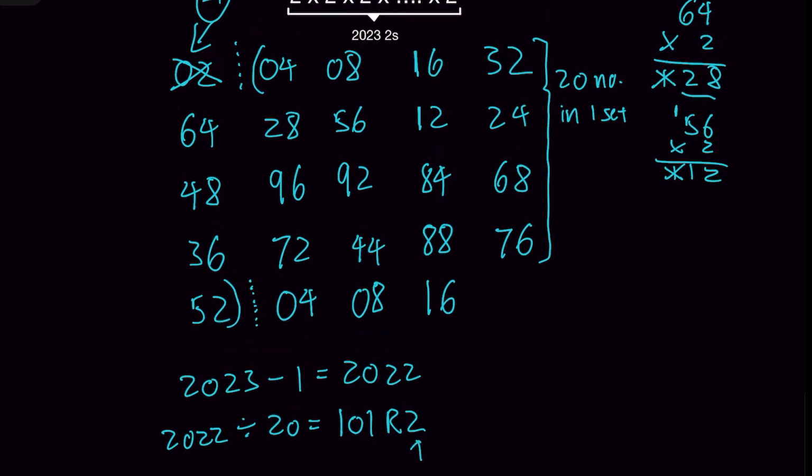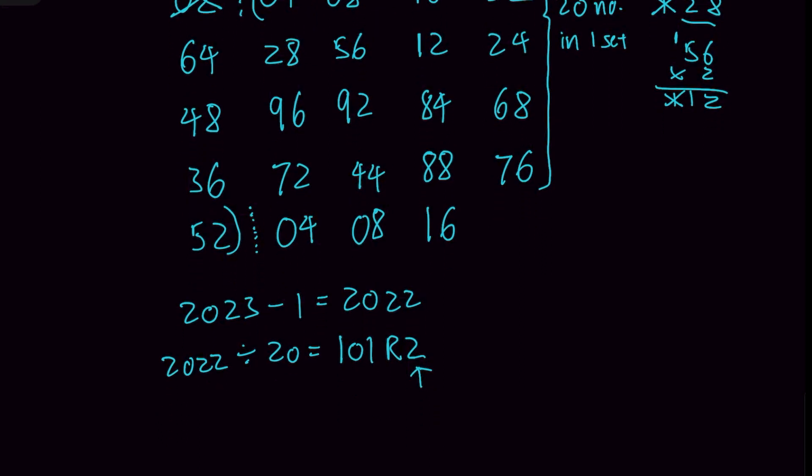This remainder 2 represents the second number in any set, because this is the first number in any set, and this is the second number in any set. Since we are left with the remainder 2, we are left with the second number in the set. Therefore, the last two digits would be 08, and this is the answer.